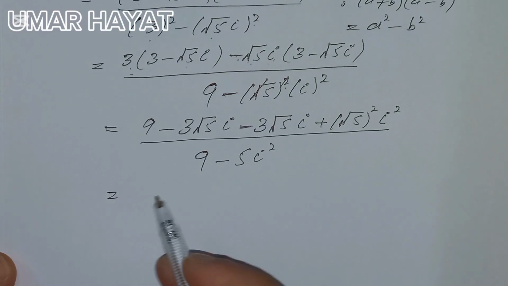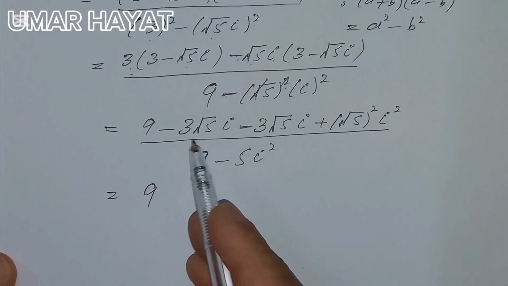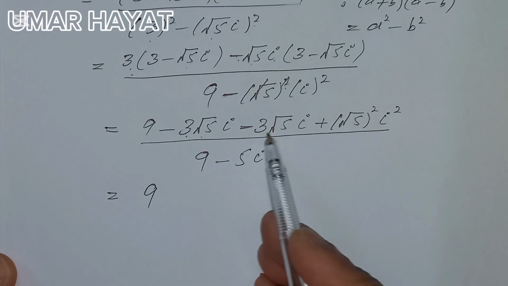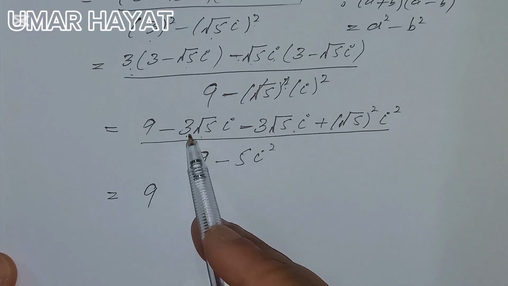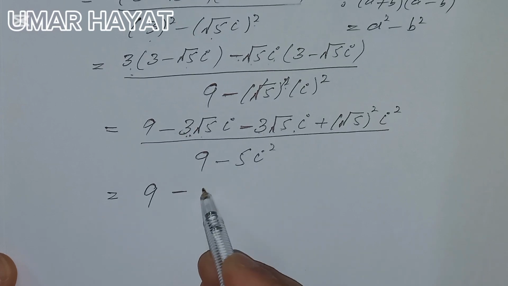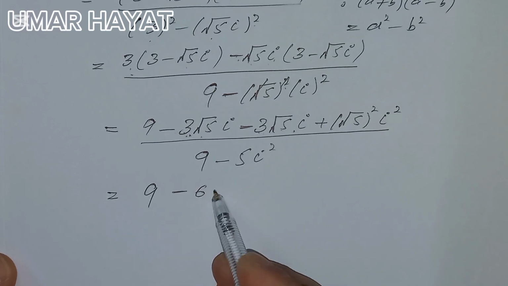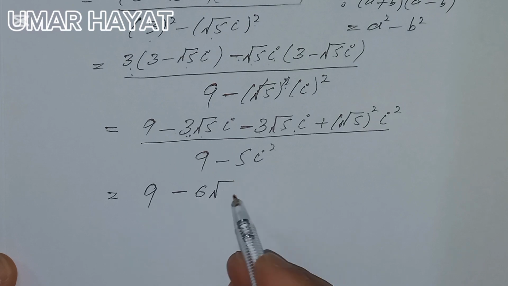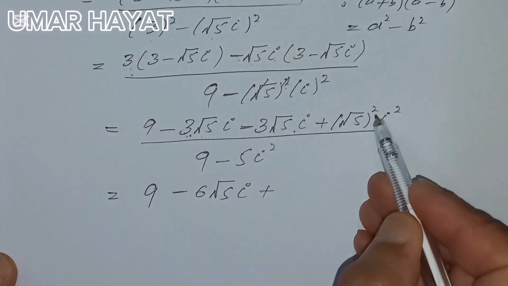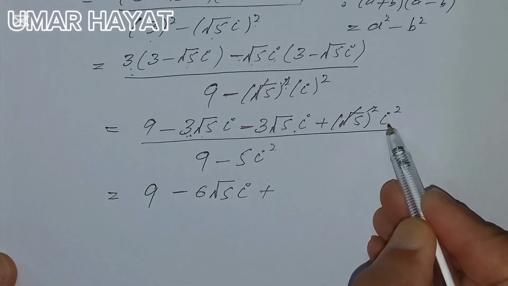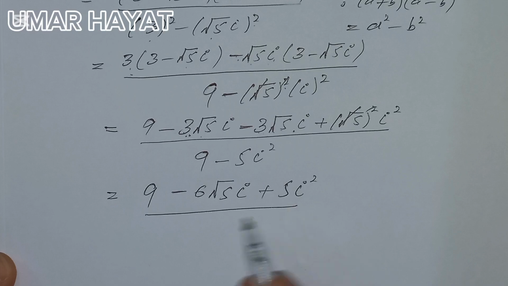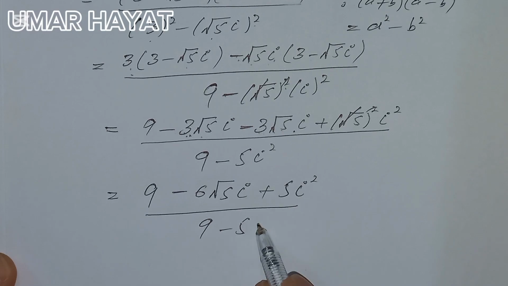So in next step, 9 minus 3 under root 5 iota minus 3 under root 5 iota. These are two like terms, so minus 3 will be added to each other. It will become minus 6 under root 5 iota, and here this 2 cancels with the square root sign, and 5 iota square, divided by 9 minus 5 iota square.